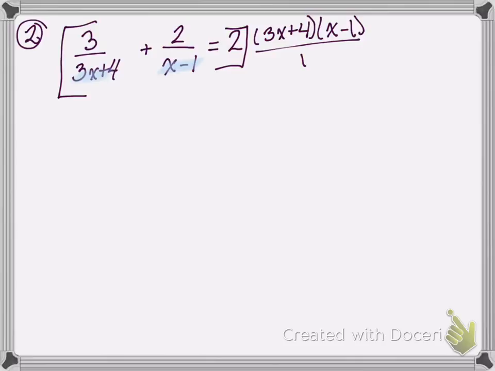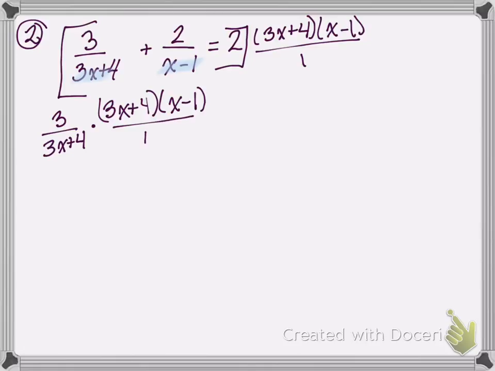So we are going to have 3 over 3x plus 4, and we are going to multiply that times 3x plus 4 times x minus 1 all over 1.